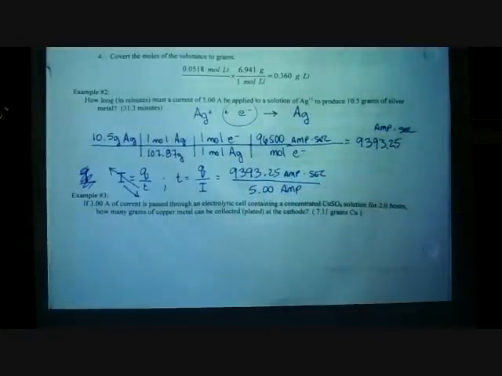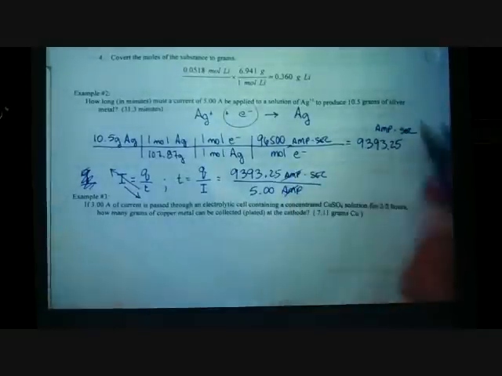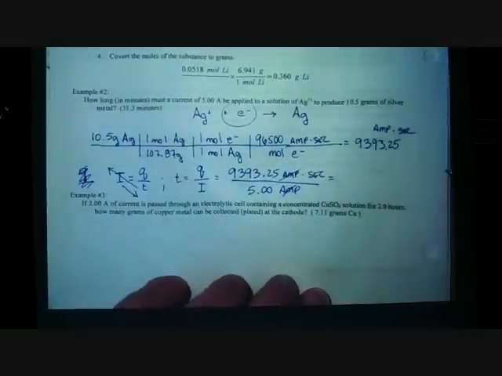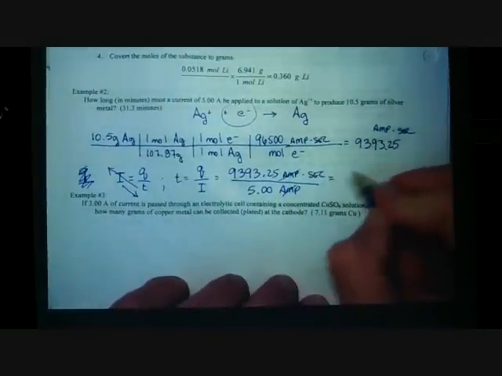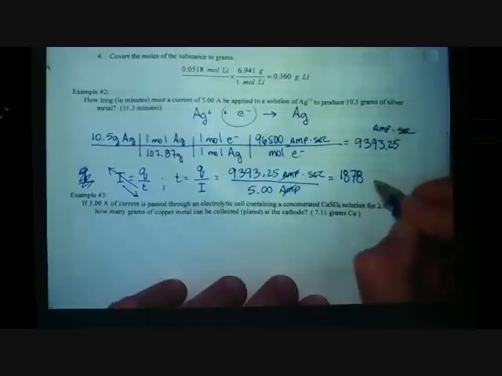What happens to the units there? The amps cancel. You're left with time, which is in seconds, which is 1,078.65 seconds.